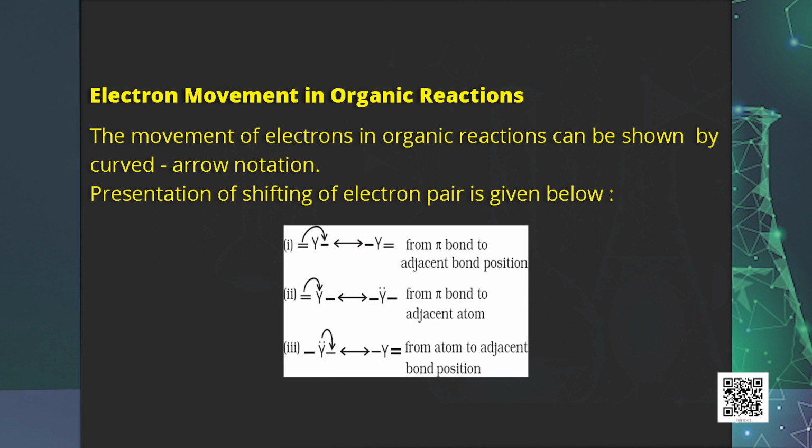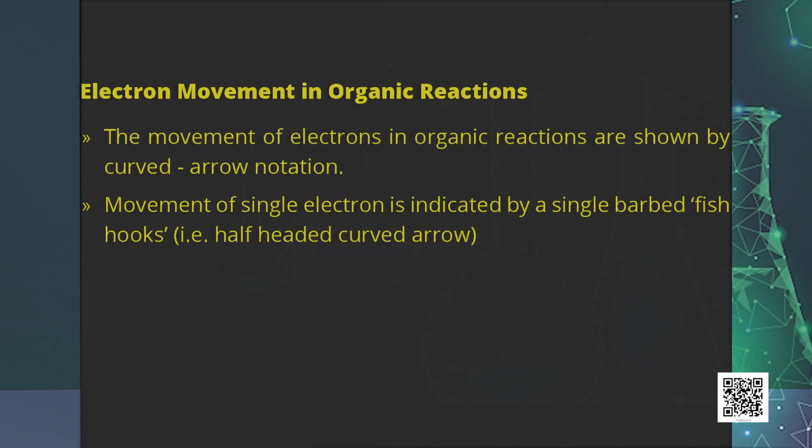During the course of the reaction, the electron pair may move from a pi bond to an adjacent single bond position, or from a pi bond to an adjacent atom, or from an atom to an adjacent atom. In case of homolytic fission, movement of a single electron is indicated by a half-headed curved arrow.